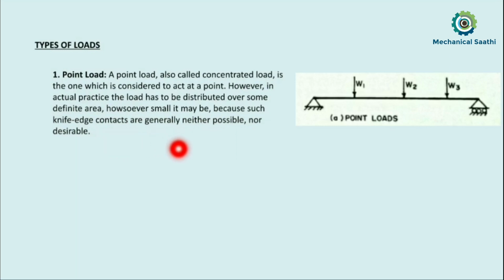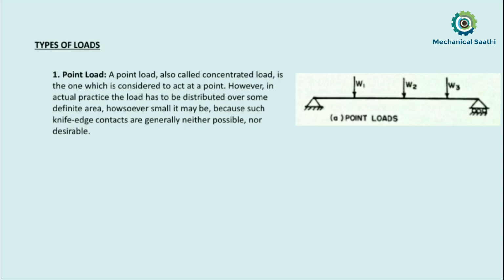So it is not required to be concentrated at a single point, and it cannot be possible also. It will definitely take some area to act. So we can generally say that if any load is concentrated at a single point, then that type of load is called a point load.